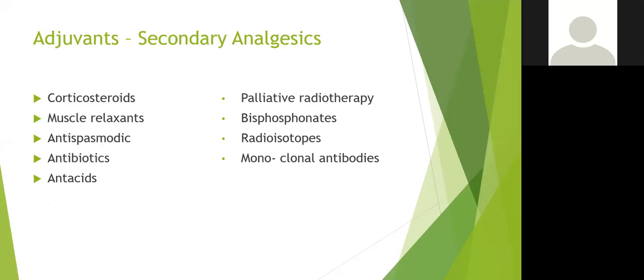Next slide. Okay, this is just a single slide about the other adjuvants which can be used as secondary analgesics. So I mentioned corticosteroids. Steroids have a major role in palliative care, as probably you must be aware now, as an adjuvant for pain of different sites. A patient having raised intracranial tension with very bad headache, not suitable for radiotherapy, not suitable for surgery, or even if it's brain mets and you're not doing anything, they can have a course of steroids.